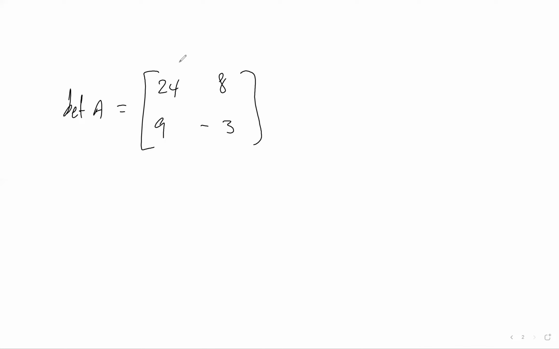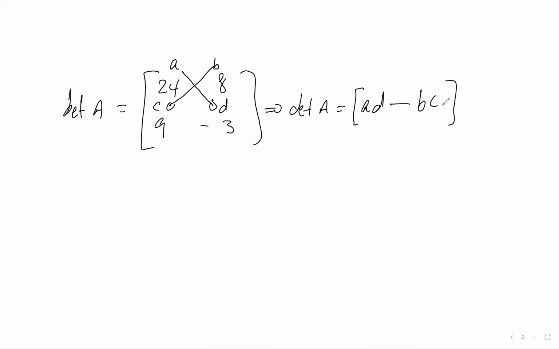Let's say this is A, this is B, this is C, and this is D. The determinant of A is A times D, the diagonal multiplication, minus B times C. This is how you take the determinant. Now it's just a matter of multiplication.